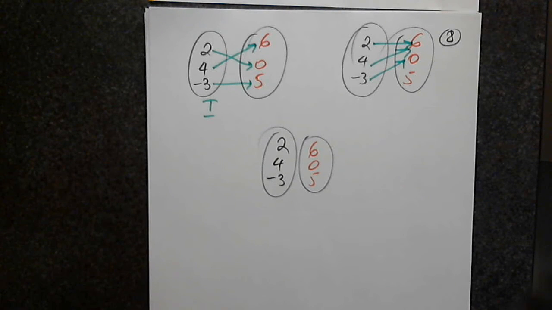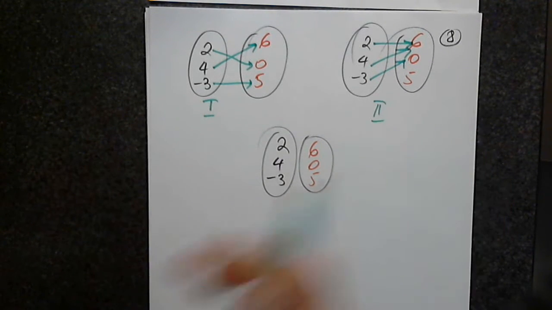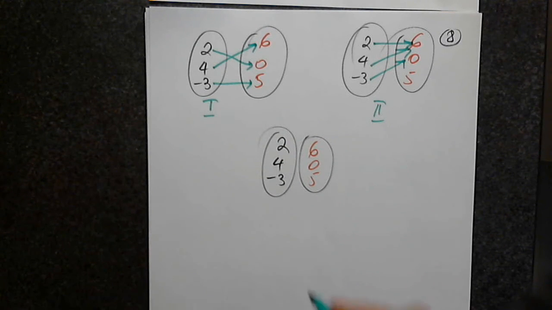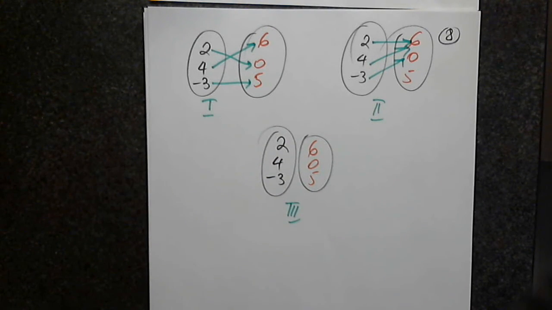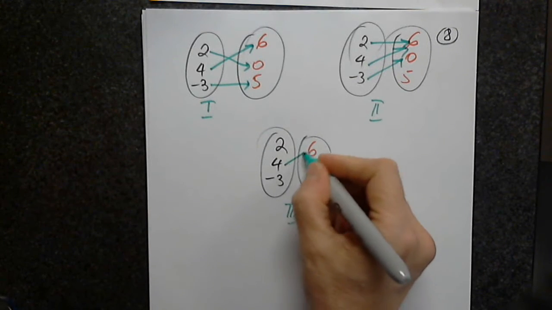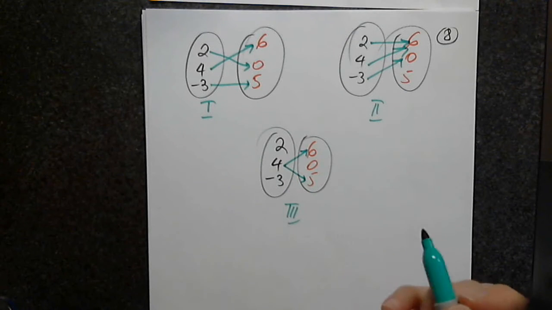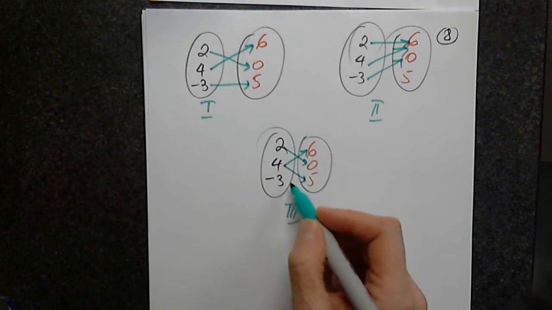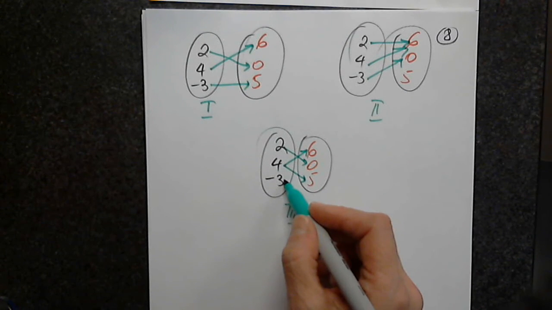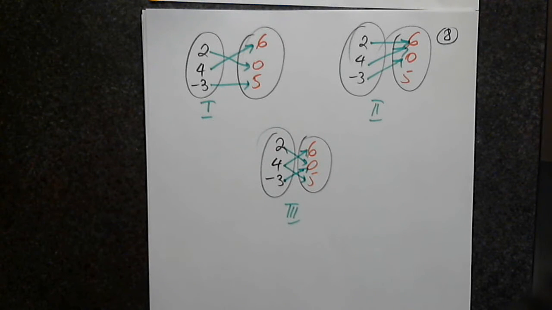That's the relationship I created between these two. And in the third one, 4 corresponds to 6 and also to 5. 2 corresponds to 0, and 3 corresponds to 0 as well.